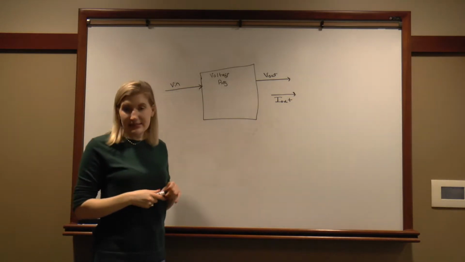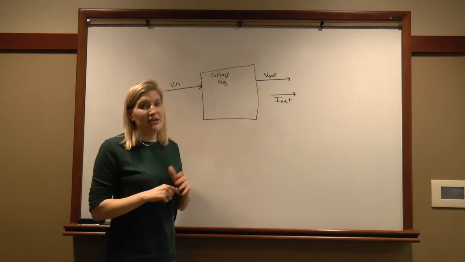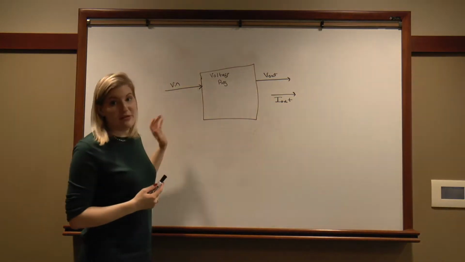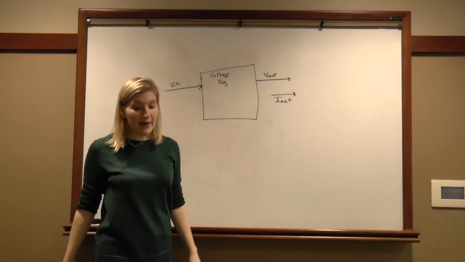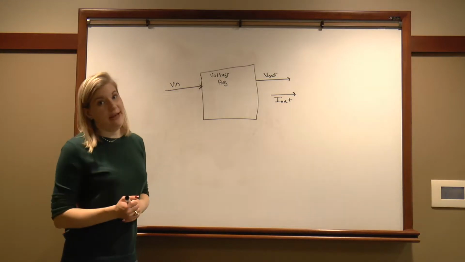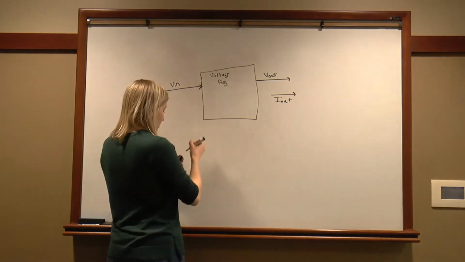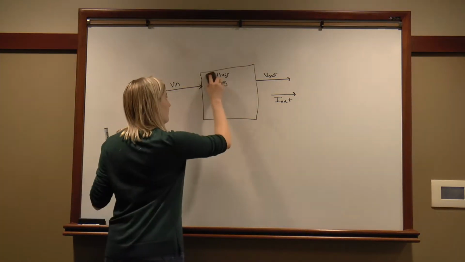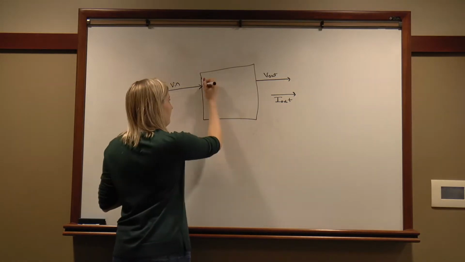So the easiest way I can think of to take some input voltage V in and get a different output voltage V out is with a resistor divider. So let's draw that.